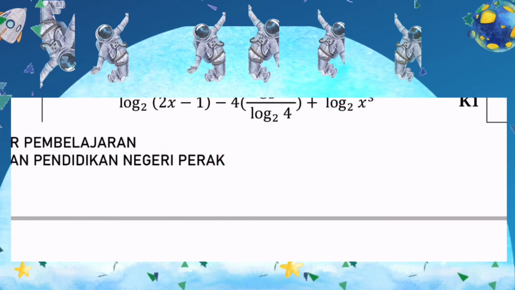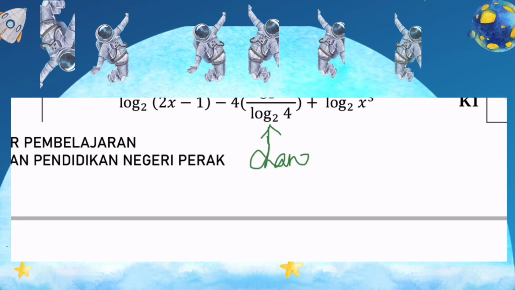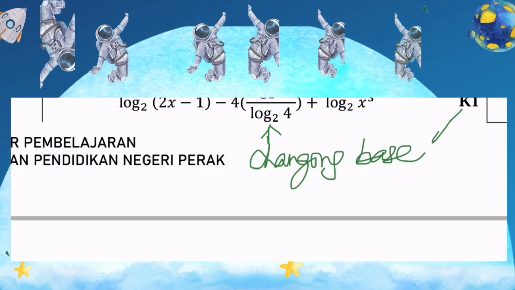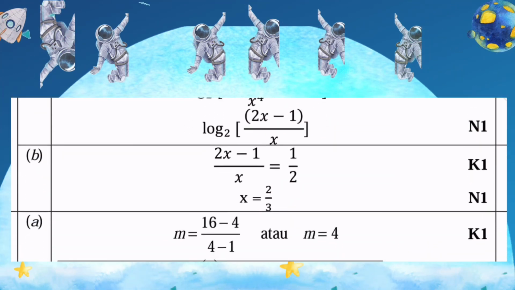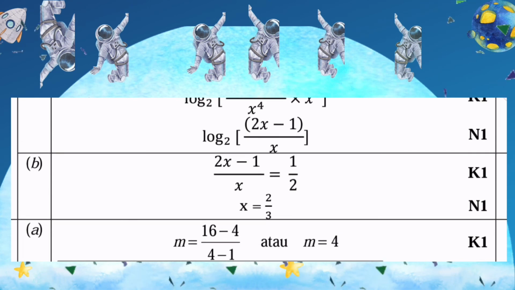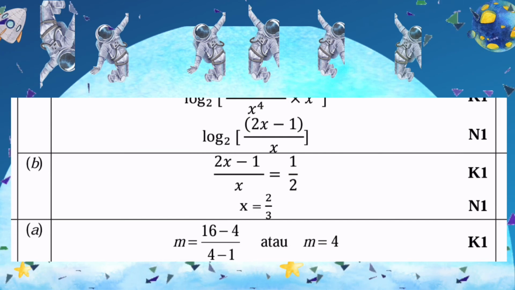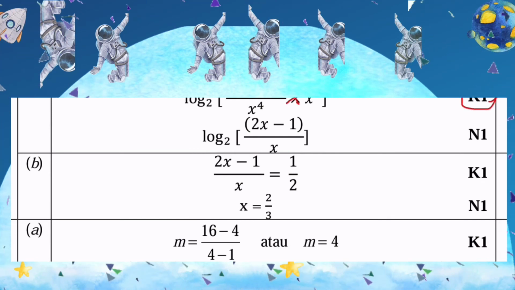Basically, how marks are given in the exam: you must change your base. From base 4, you change to base 2. That is entitled to 1 mark, for changing base. After the base is changed, you must know how to simplify like this. You must show how you cancel out the x to the power 3 with x to the power 4, leaving only x.